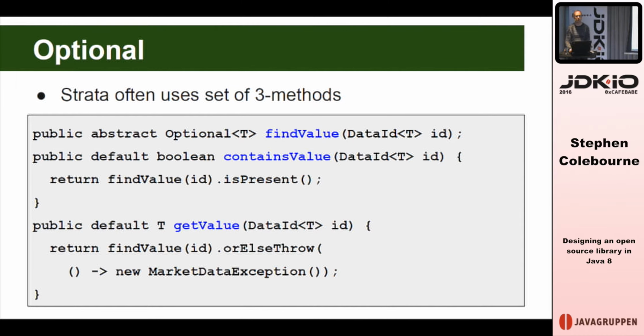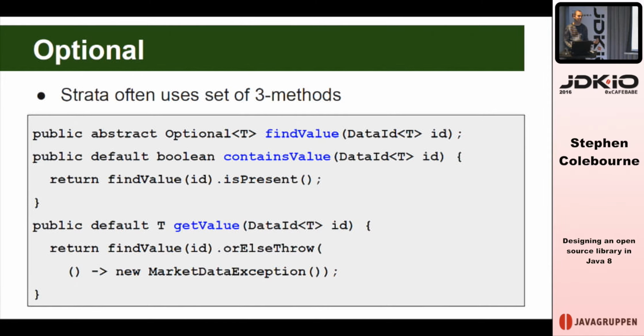So in Strata, we came up with a pattern around the use of Optional. Let's say we have an interface, and that interface has an abstract method called findValue returning an Optional. We can then have a default method called containsValue that calls findValue and then calls the isPresent method on it. And we can have a method called getValue that calls findValue and throws an exception if it's not found.